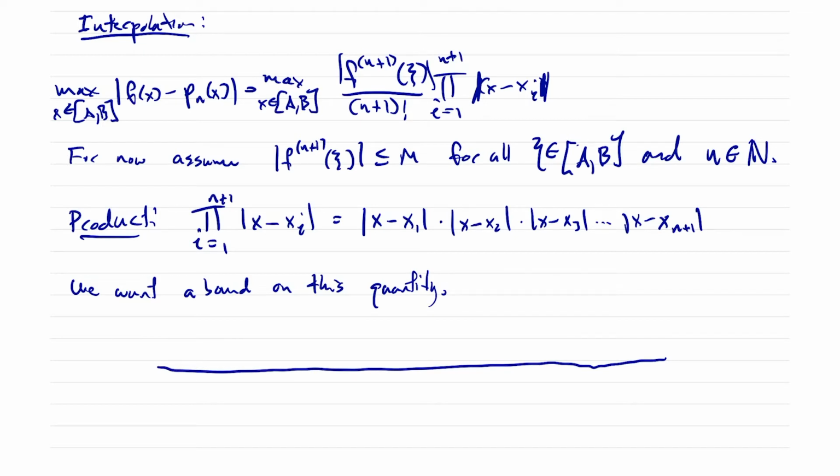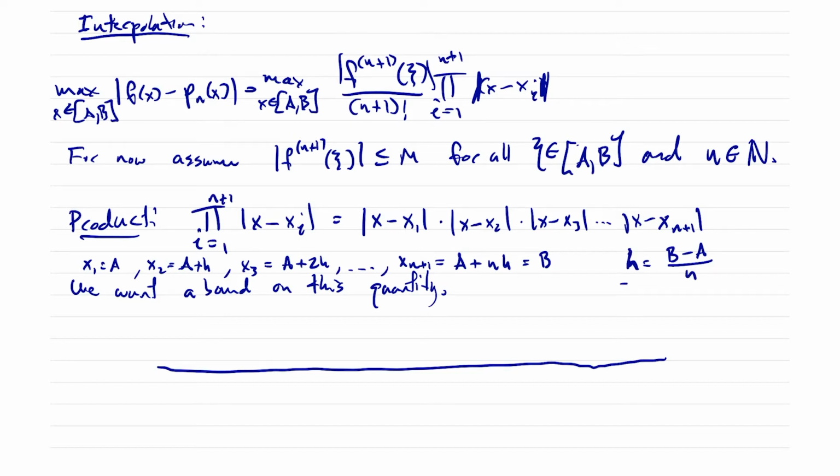So we're going to assume that x1 is equal to a, x2 is equal to a plus h, x3 is equal to a plus 2h, etc., all the way up to x_{n+1}, which should be equal to a plus n times h, which should also be equal to b. So h should be b minus a over n.